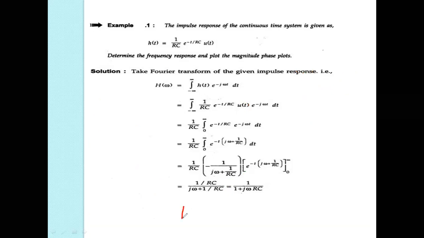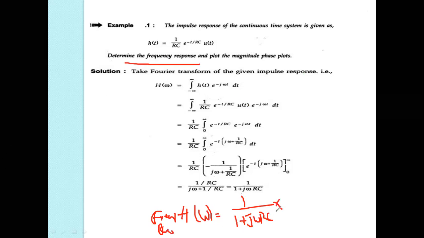H of omega is equal to 1 by 1 plus j omega RC. What they are asking is to find the frequency response, and this is the frequency response. And also plot the magnitude and the phase. To plot the magnitude and phase, you can multiply with 1 minus j omega RC by 1 minus j omega RC.